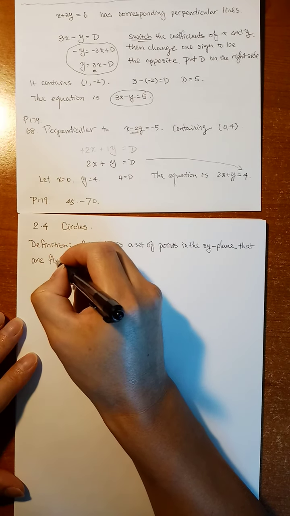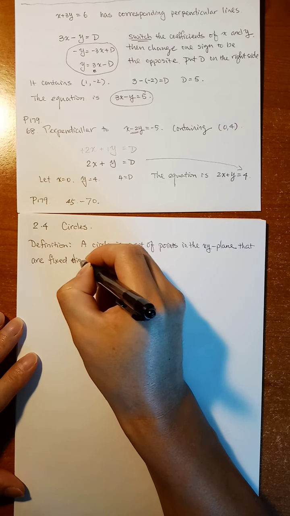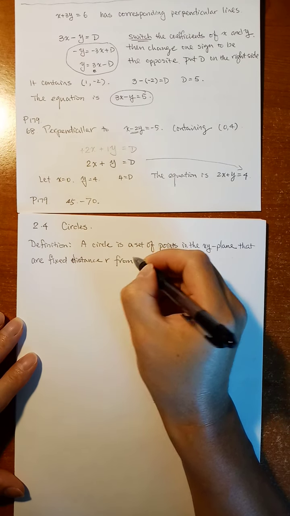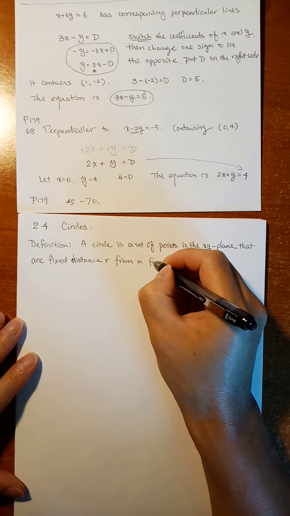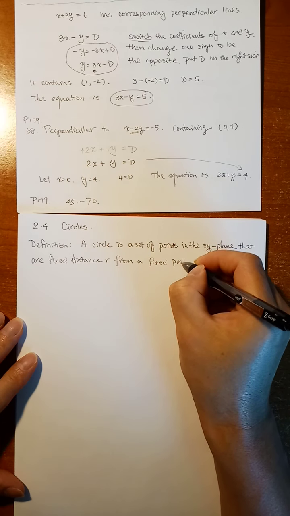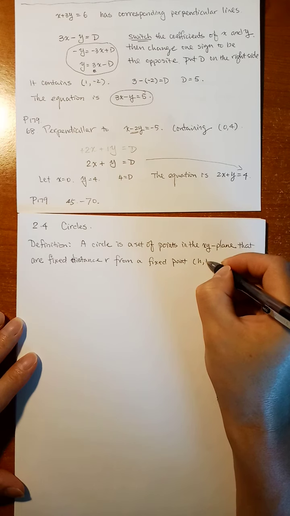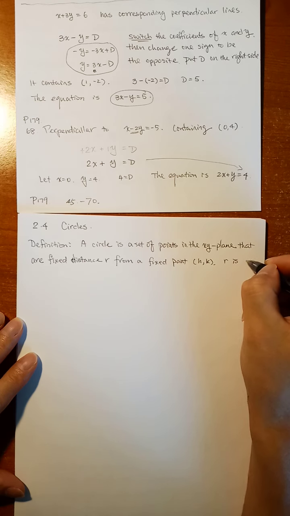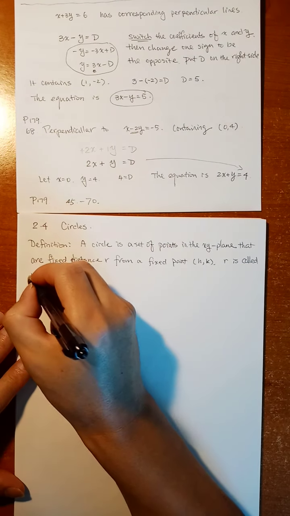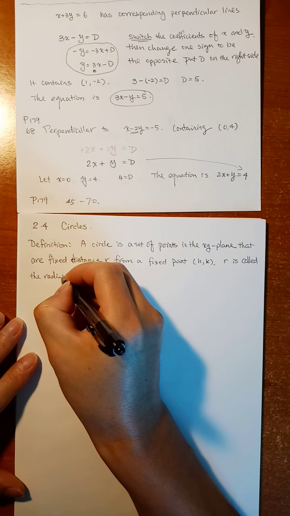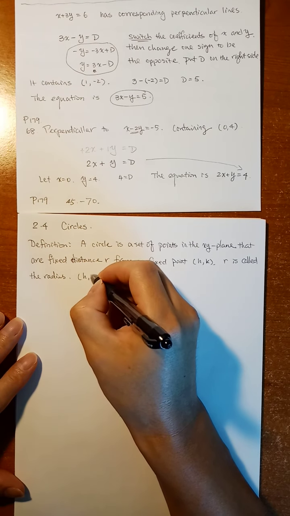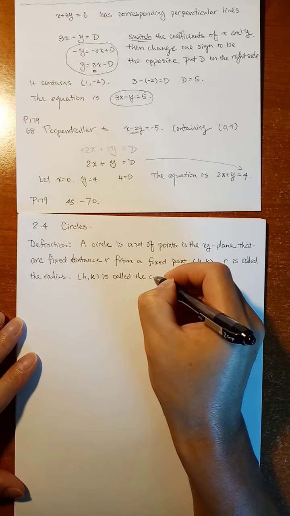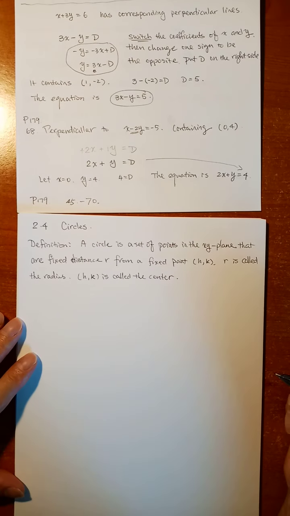that are a fixed distance r from a fixed point. This fixed point has coordinates (h, k). This distance r is called the radius, and this point (h, k) is called the center.